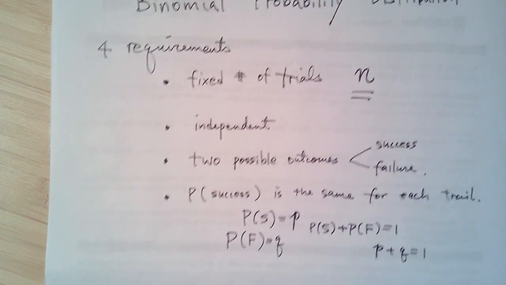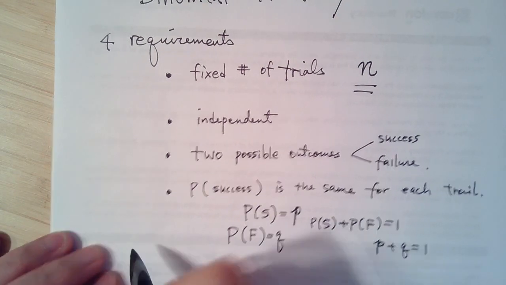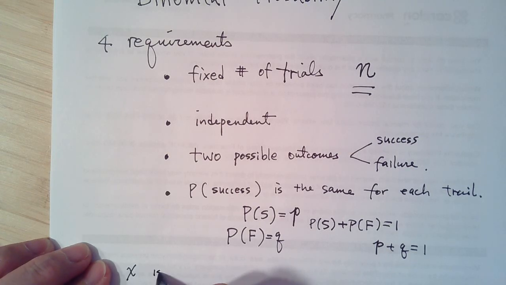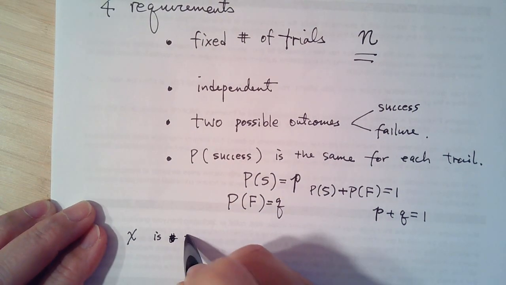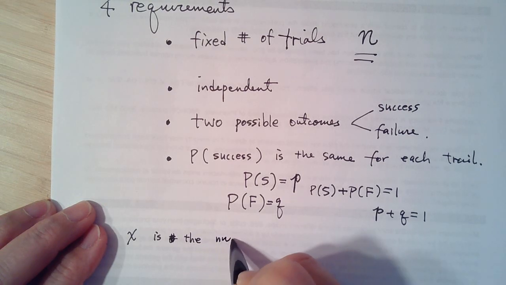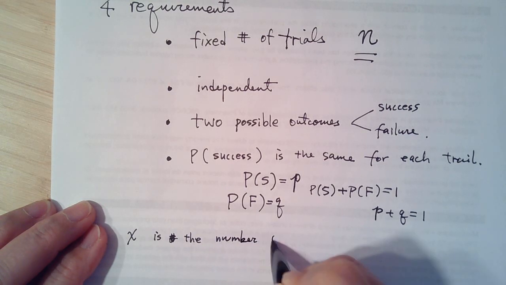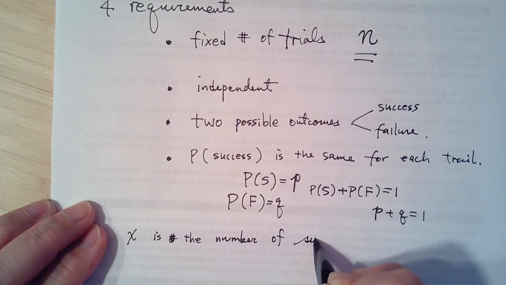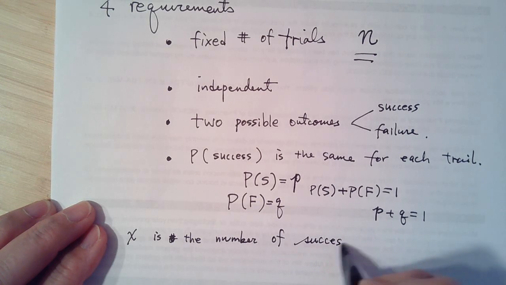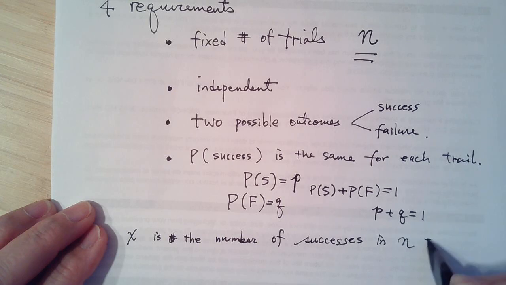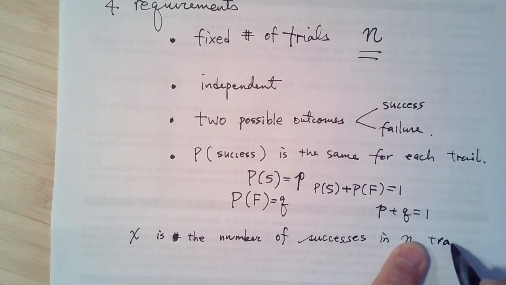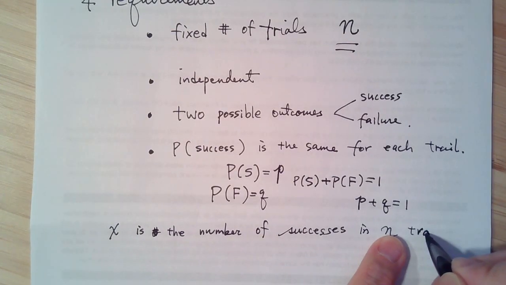Now what is a random variable? The random variable x is the number of successes in n trials.